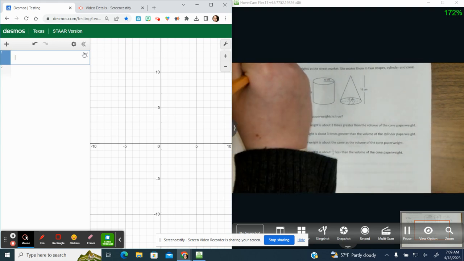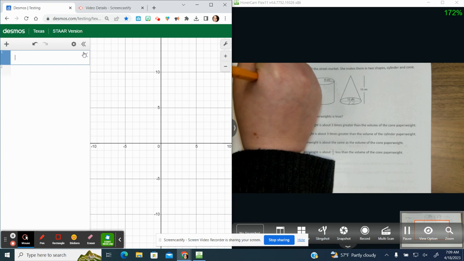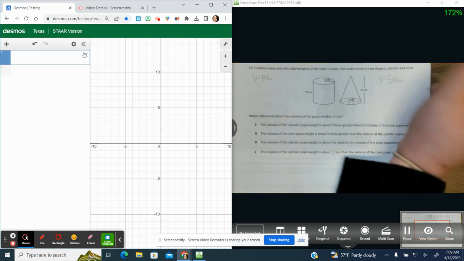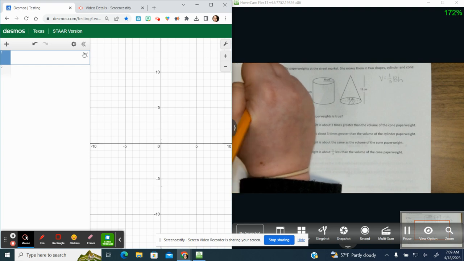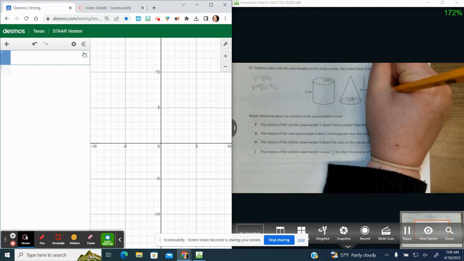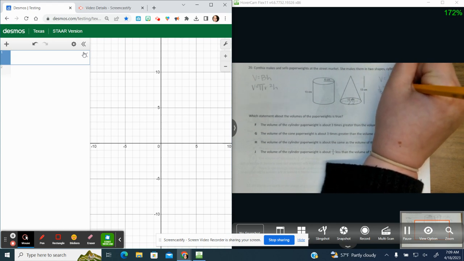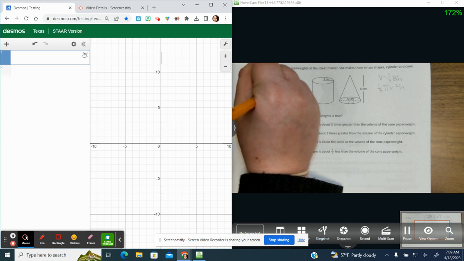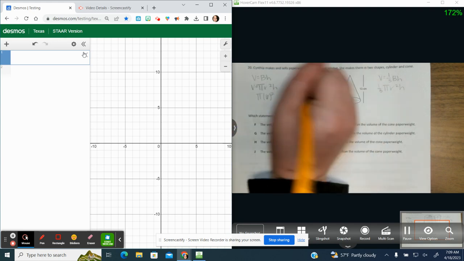So we can work it out. We plug in pi r squared for big B. So our radii are 6 and our height is 13.